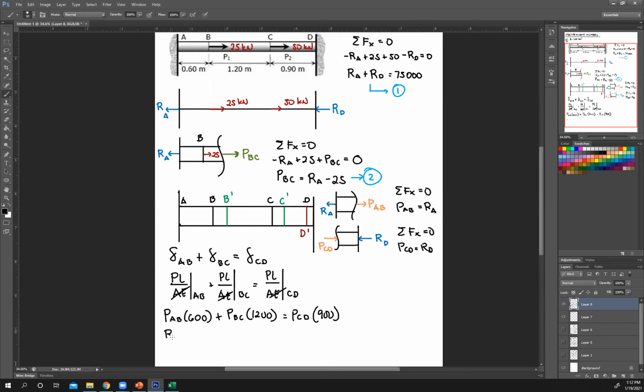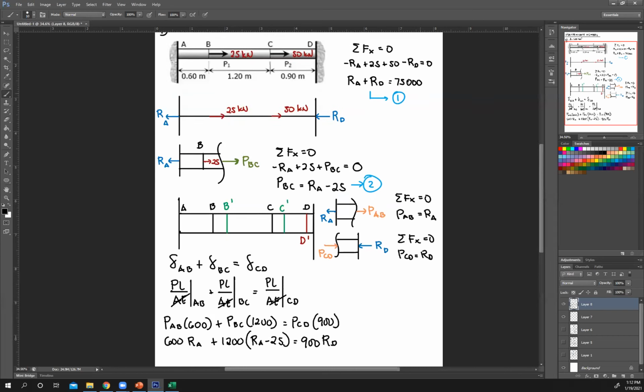PAB is RA, so 600 RA plus 1,200 PBC. And PBC is just RA minus 25. So I'm going to solve for RA first, then I can solve for PBC. So RA minus 25 equals 900 RD.